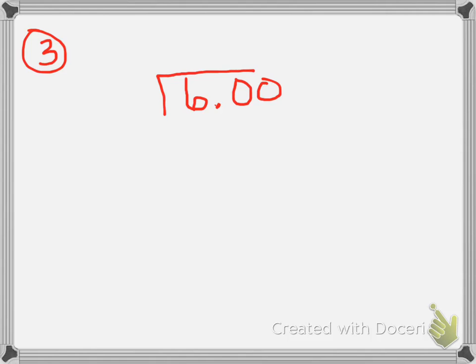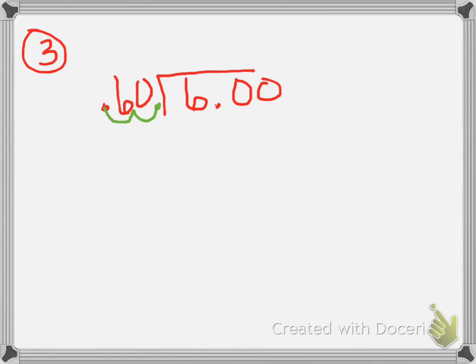So 60 cents is our divisor. Now we know when we divide decimals, the divisor cannot be a decimal. So we have to move our decimal how many places to the right in the divisor? 2. 1, 2.